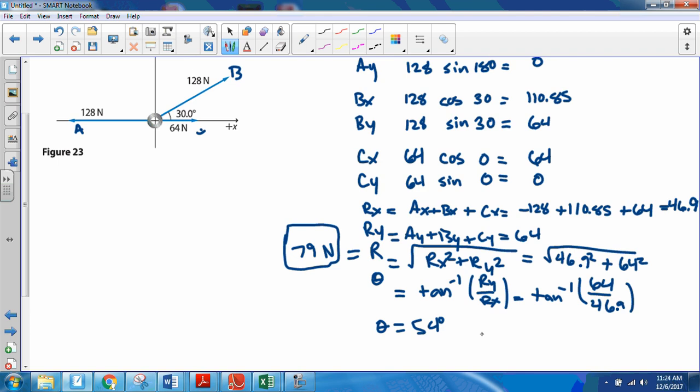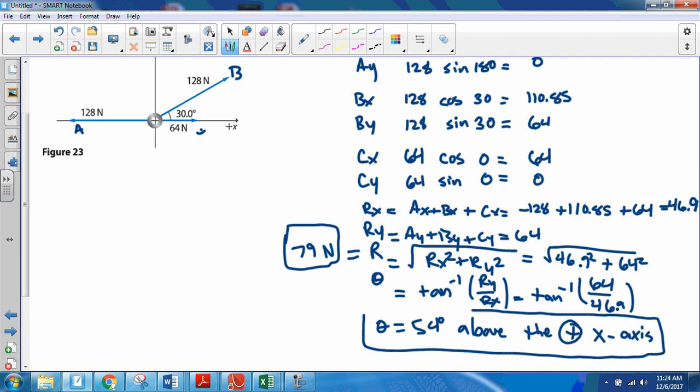So I'm going to say above the positive x-axis. All right, so that's the full answer: 79 newtons, 54 degrees above the positive x-axis.